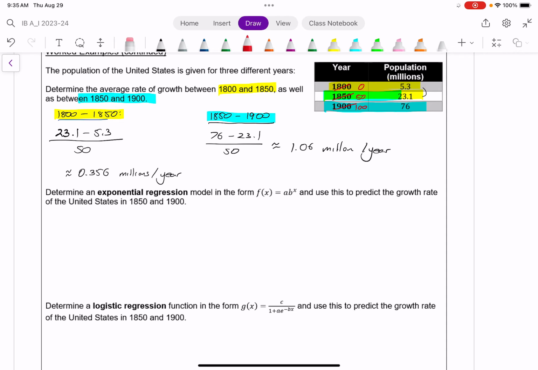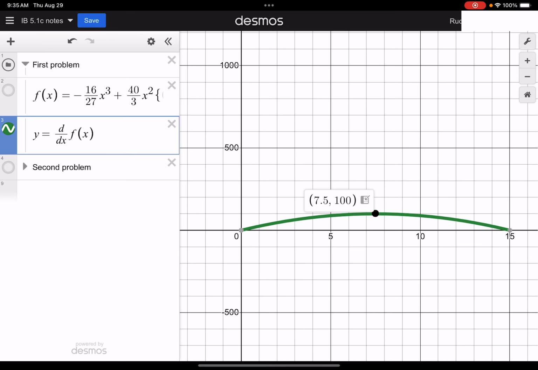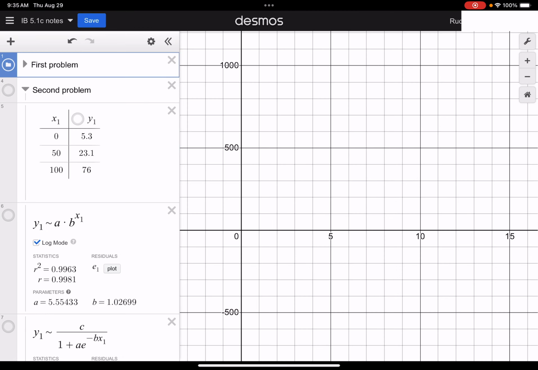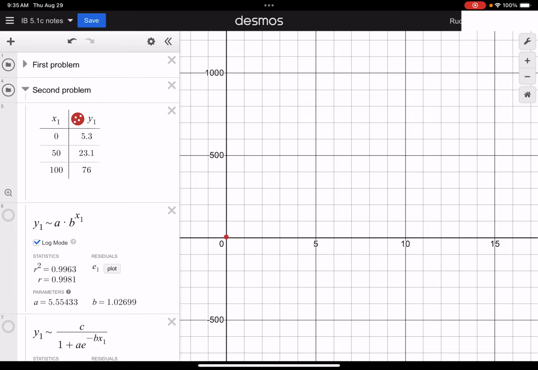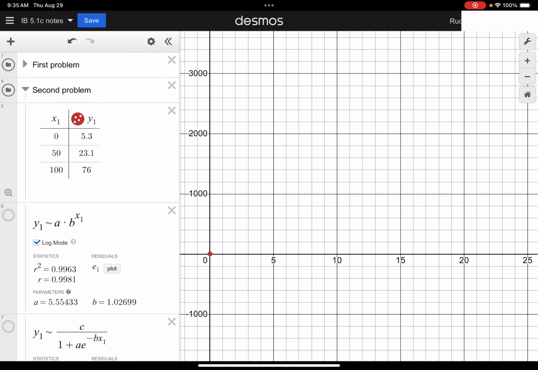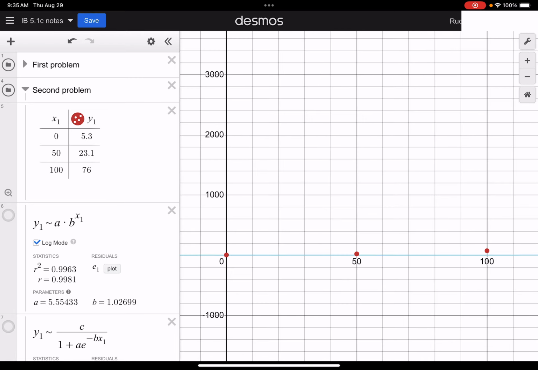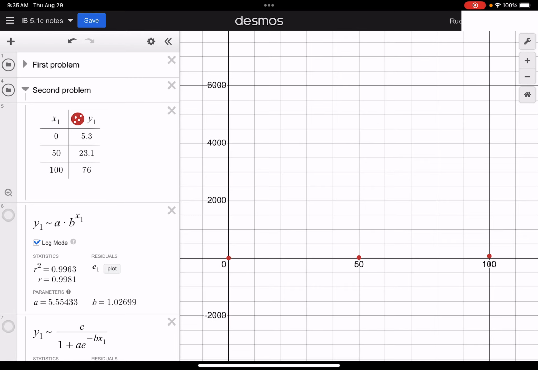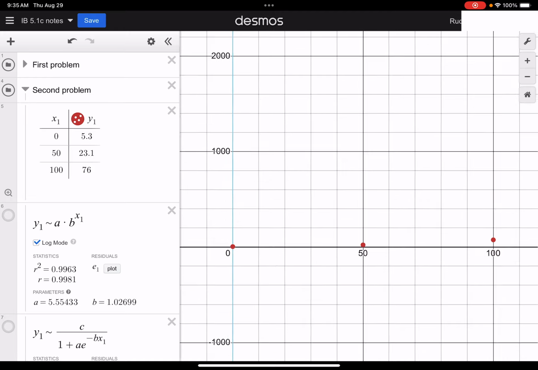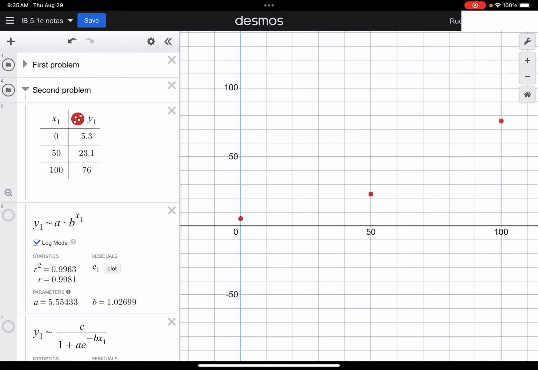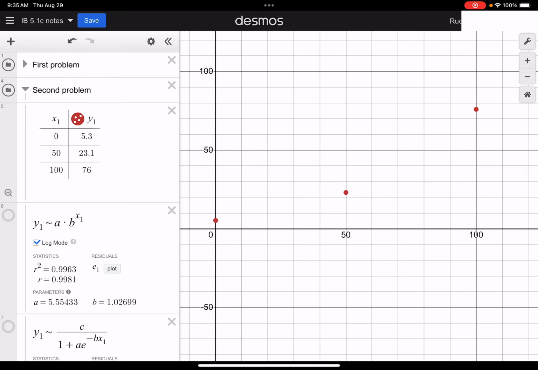So when I do that, if I go back to Desmos here, here's the table. Now again, I have to adjust my window settings. I want to see at least 100 years into the future from 1800, and I really want to compress this, because remember my y scale is in millions.